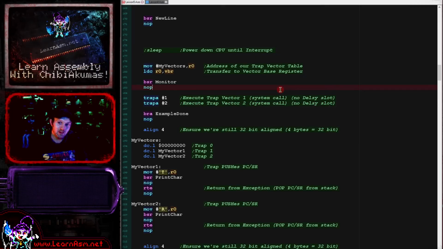In other cases, you might want to call operating system calls, or you might use these to deal with problems. Maybe you call one of these in the case of a bug in your code. Maybe you've tried to do a division and you've been given a value of 0. You might want to call a trap that warns the user of that, so that the user knows there's a problem in the code.